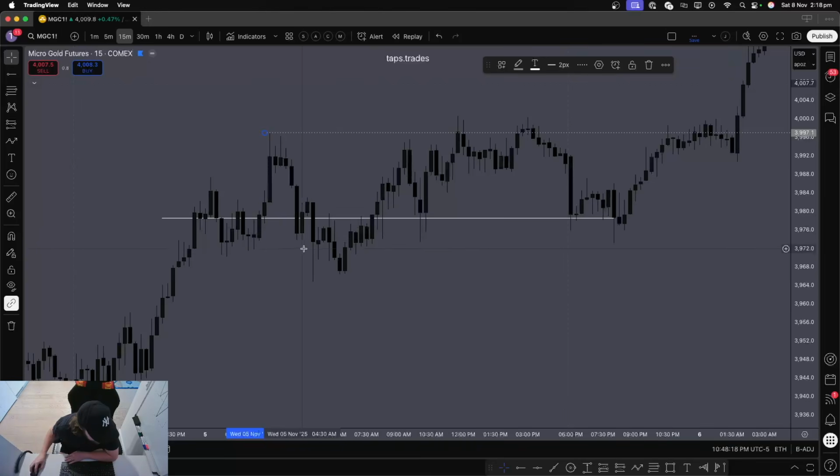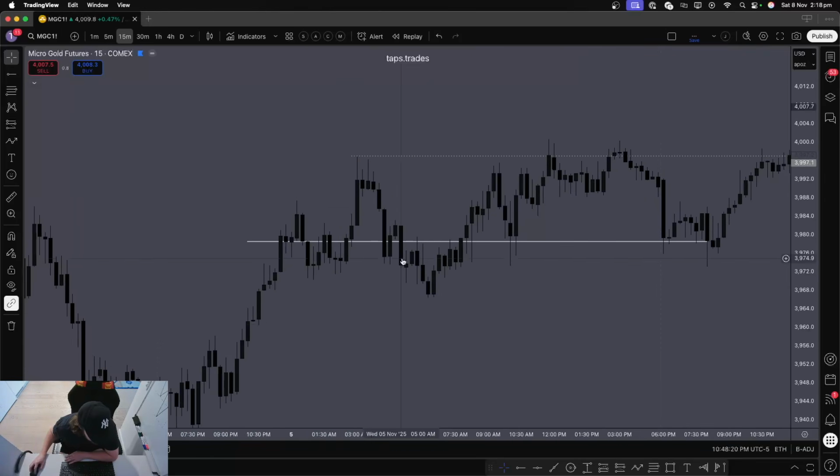So if you were entering at around 3 a.m., which is here, that's New York open, so it created that big push up. Price then came back below this level. If you entered here and say you had your stops, you would have got stopped out.